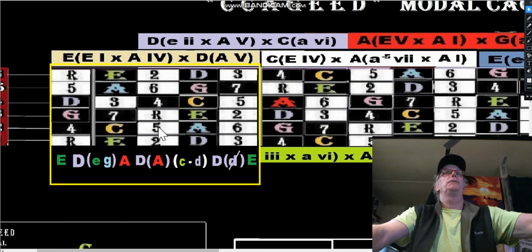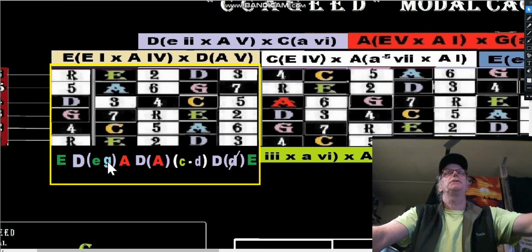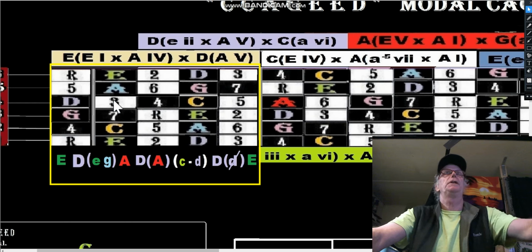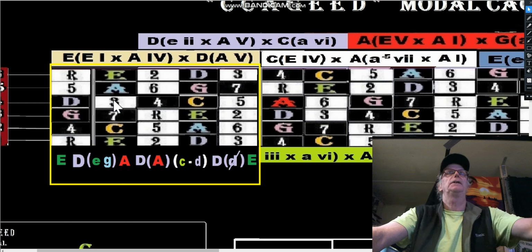So we got 5 root 3 way down there, 6 to 4. It's an E minor shape in the D box. Then in the D box we also have a G minor shaped third, 3, 5, 7, 3 right there. Okay, that's the one that I was playing, kind of luckily.